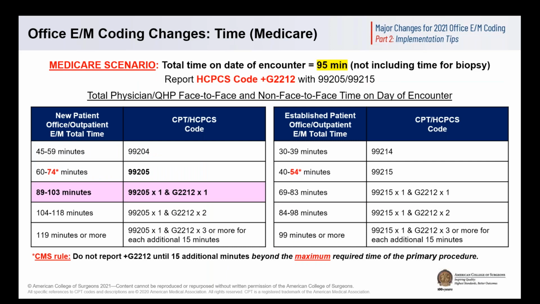So just a few brief thoughts about coding for prolonged service. In terms of time, you have the same levels of new and established patients that you can code for time. You have these specific time ranges that are utilized.